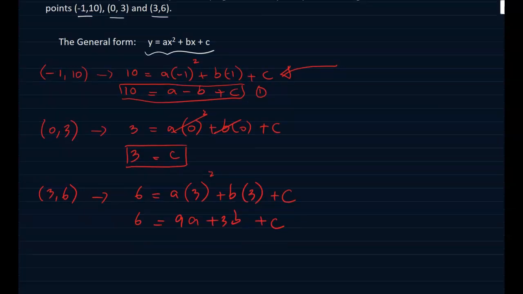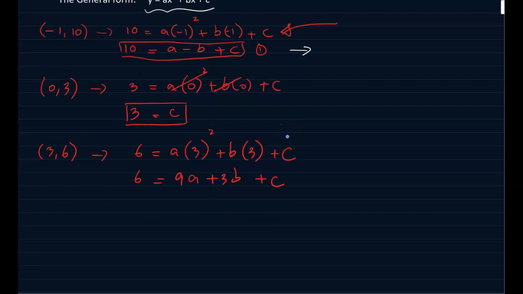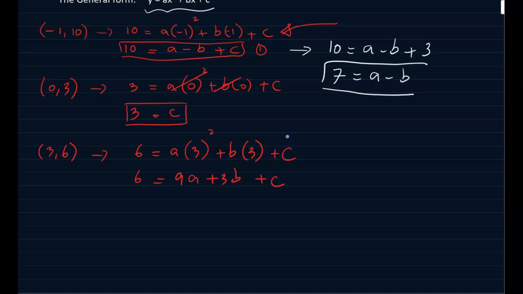Excellent. Now we can replace c because we know what c is. So let's rewrite these equations. This equation ends up being 10 equals a minus b plus 3, or 7 equals a minus b. This is the first equation.